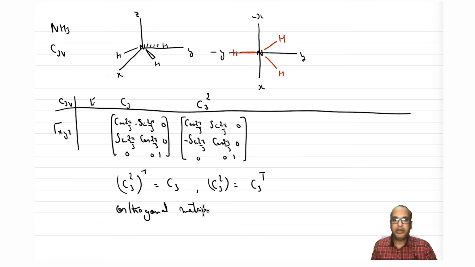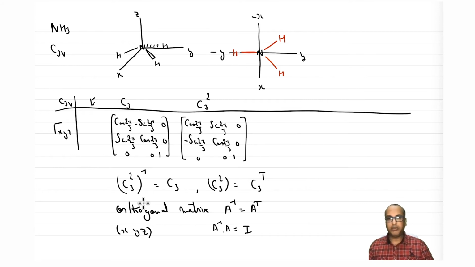For an orthogonal matrix, if A is an orthogonal matrix, we can say that A inverse is equal to A transpose, where A inverse A is equal to I, or E in this case, right? Why is it an orthogonal matrix? Because our basis sets are X, Y, Z. So that makes this rotation matrix an orthogonal matrix. This is true for all orthogonal matrices, that the inverse can be written as the transpose. So we can simply transpose it and get the inverse.